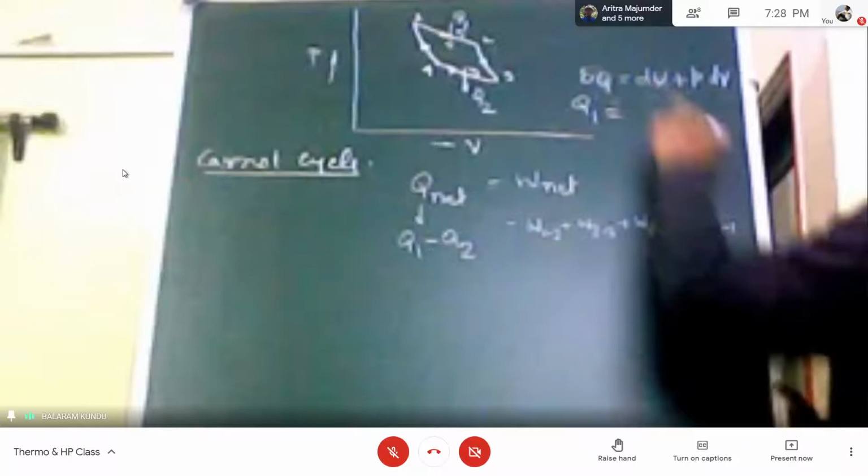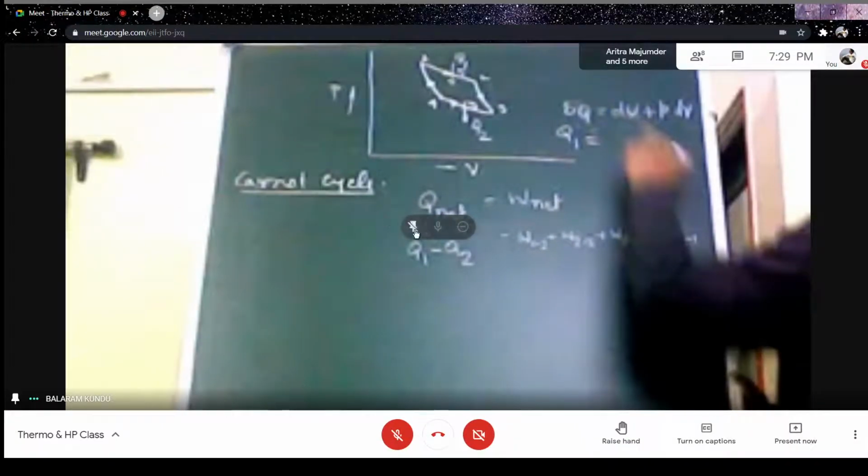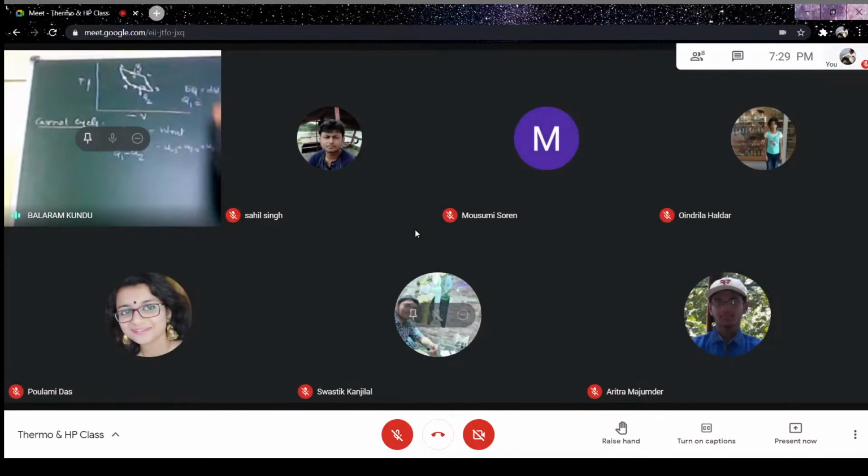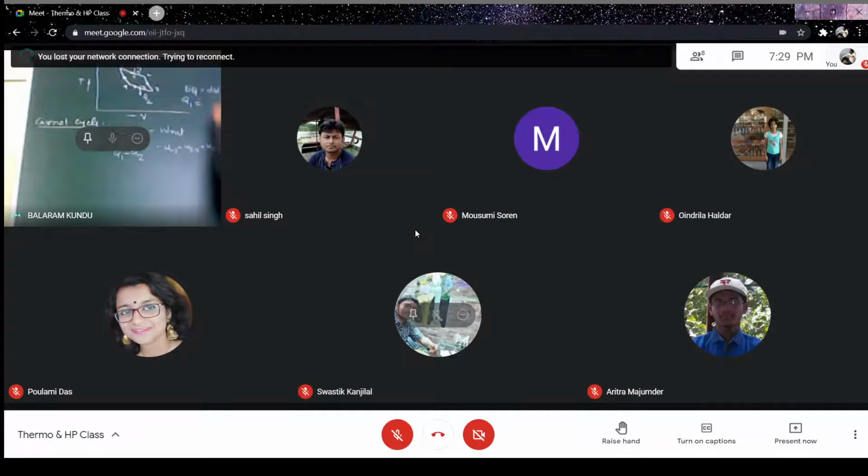Here state point 1 has volume V1 and state point 2 has volume V2. Then we can say Q1 is integrated up to V2, that should be equal to W12.